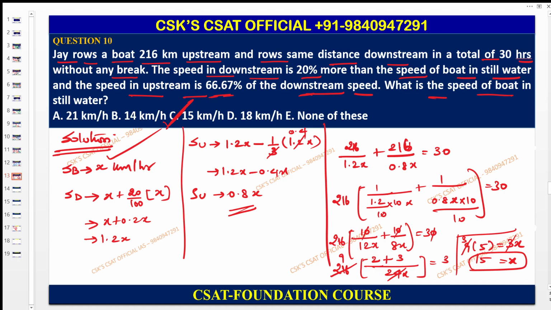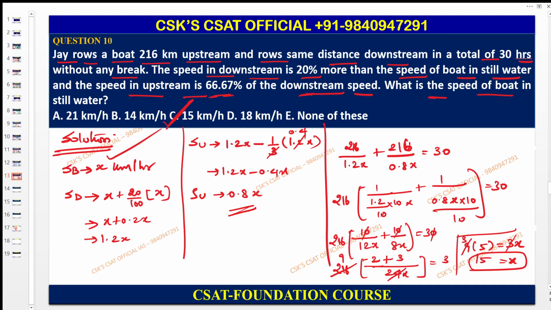I hope you are getting this. Directly we can write it, but I am writing it elaborately. So the reciprocal: 10 by 12x plus 10 by 8x, which is equal to 30. These zeros get cancelled, dividing with the 10 table.